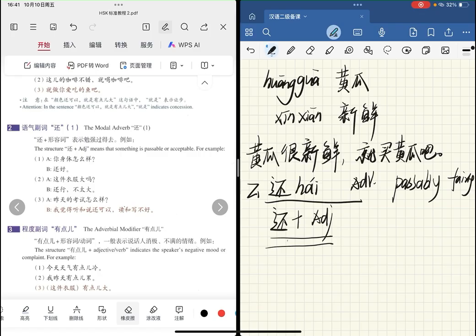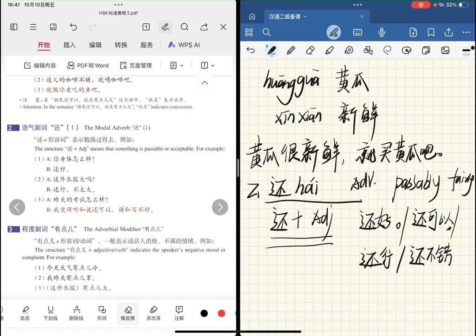Okay, so we can have 还好，还可以，还行，还不错。好 is good, so 还好 is not bad. 还可以 is not bad, just possible. 还行 is okay, 行 is okay, not very satisfied, but okay. 不错 is pretty good, 还不错 is not bad.